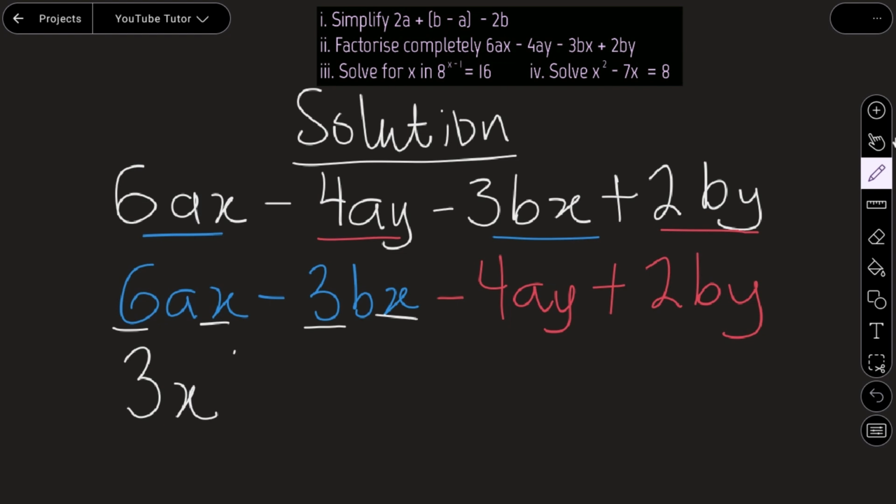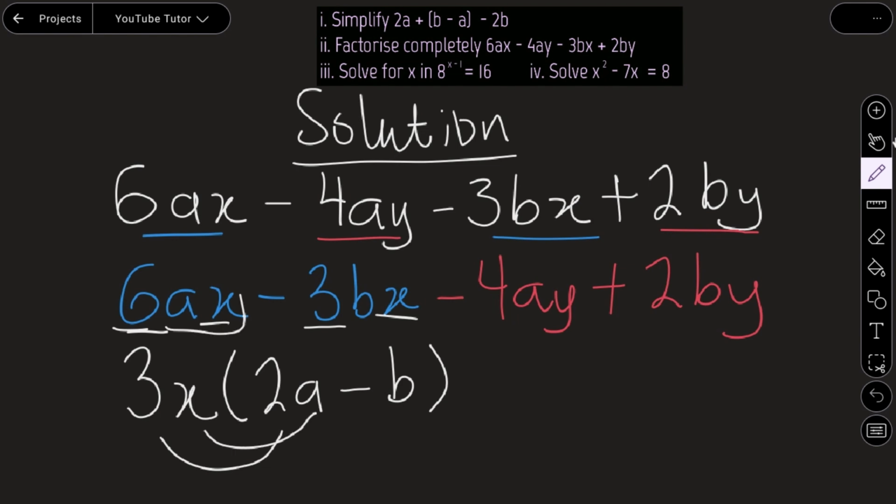Now we have 2a minus, since the 3 has been taken out of here, we just get b. So this expression, if you take your time to watch it very carefully, you can see that 3 times 2 gives us 6. X times a gives us ax. For this one, 3 times negative b gives us negative 3b, and the x gives us negative 3bx. So that's why I got this factorization.